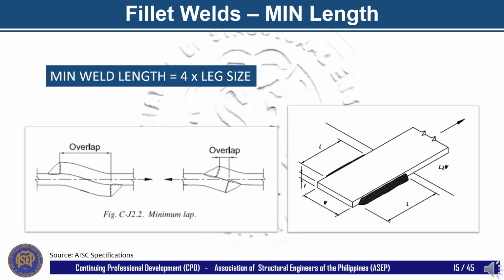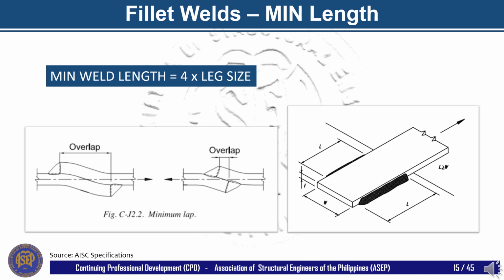AISC requires that fillet weld lengths be at least 4 times the leg size. This provision, combined with the minimum fillet weld size, results in minimum weld length requirements as a function of the thickness of the material being joined. In lap joints, the minimum amount of lap shall be 5 times the thickness of the thinner part, but not less than 1 inch or 25 mm.